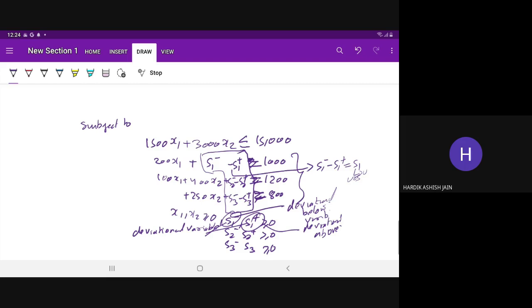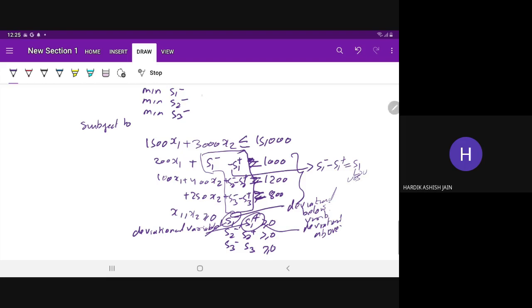When S1 minus is at a positive level, or Si minus is at a positive level, that positive level must be minimum. So in that case we write minimum of S1 minus, minimum of S2 minus, minimum of S3 minus. Means if we are deviating from the objective, that deviation must be minimum.